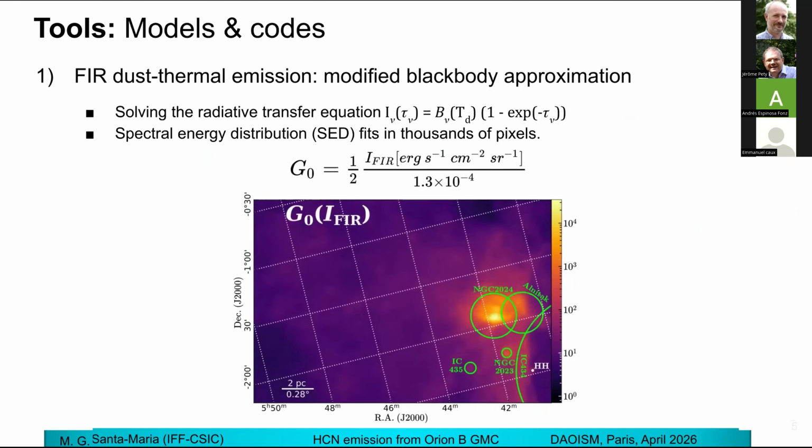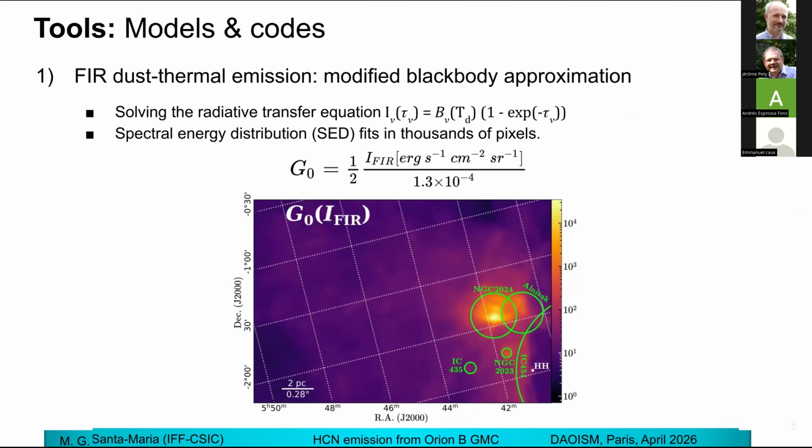So some tools I'm going to use for this talk are, for example, the G0. From Lombardi and collaborators 2017 paper, I think, we had the dust temperature and the column density, so the opacity from the dust. And I did the exercise to get the SED, to integrate it and get the far infrared intensity.